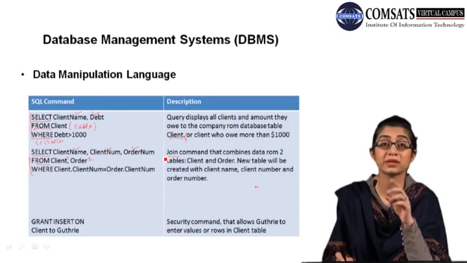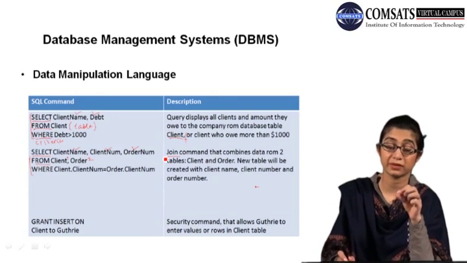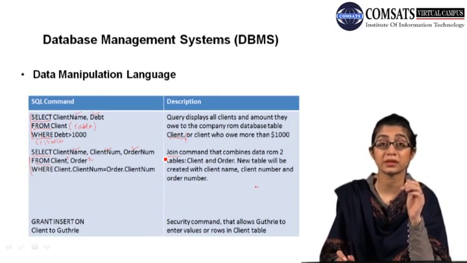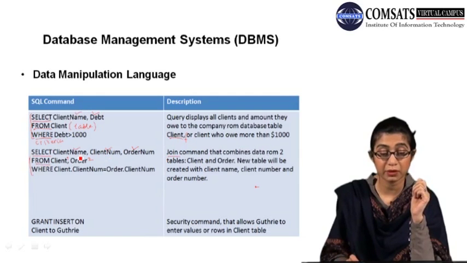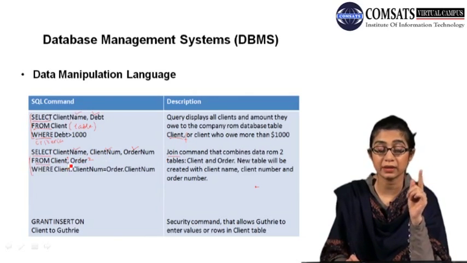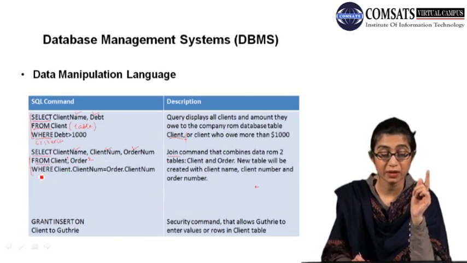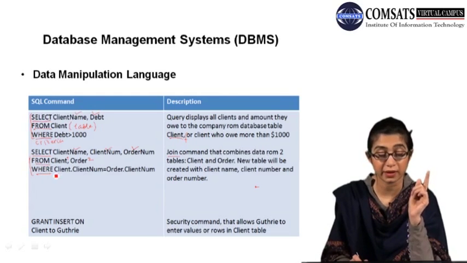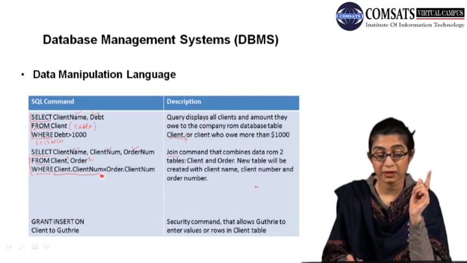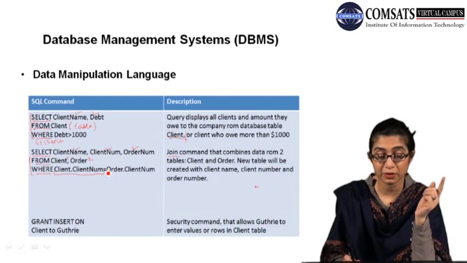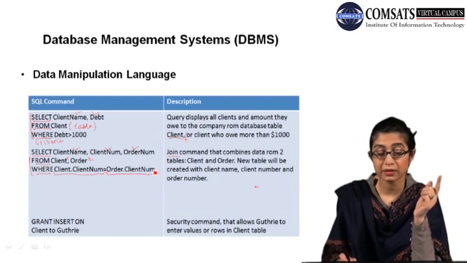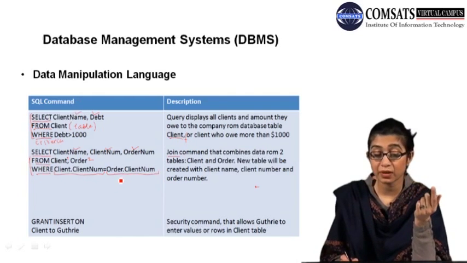Again, if you remember, in relational databases when we were talking about the manipulation of data, one of the things that we did was joining of the two tables, the information from the two tables. So we're going to join information from table 1 and table 2, table called client and table called order, where again we have the criteria here, client dot client number. This means that client number is in the client table, and then order dot client number means the client number is in the order table.